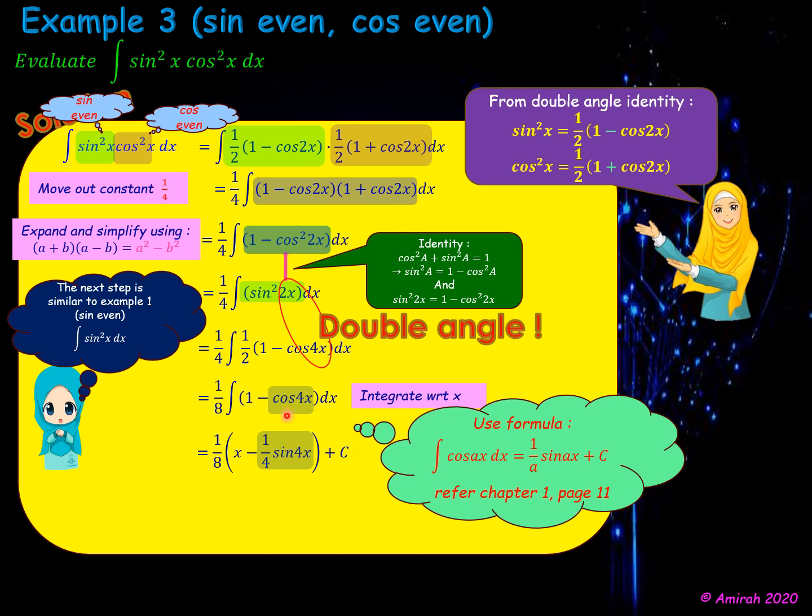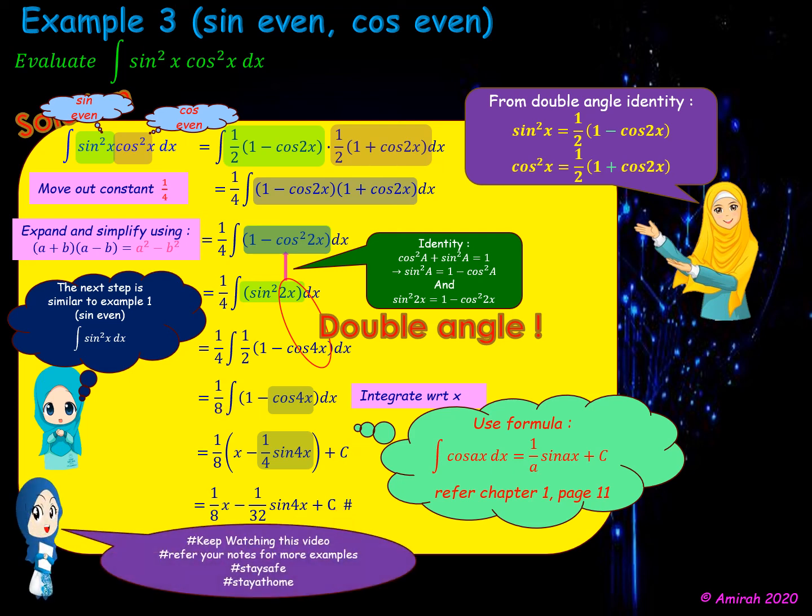So when we integrate cos 4x, the answer is 1 over 4 sine 4x, because our a now is 4. Then we expand, so we have 1 over 8 x minus 1 over 32 sine 4x plus c. Okay?